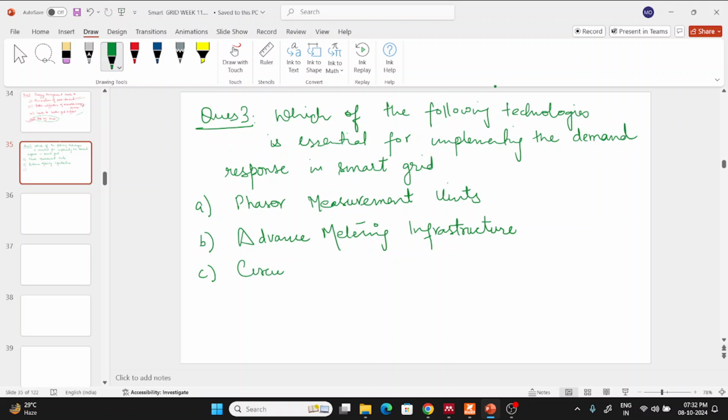C. Circuit breakers. D. Distribution transformer. Okay.